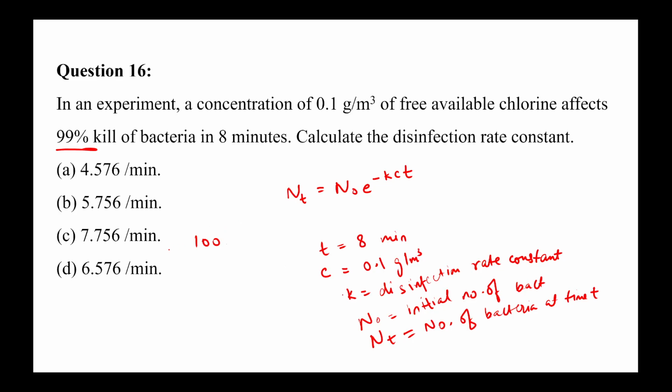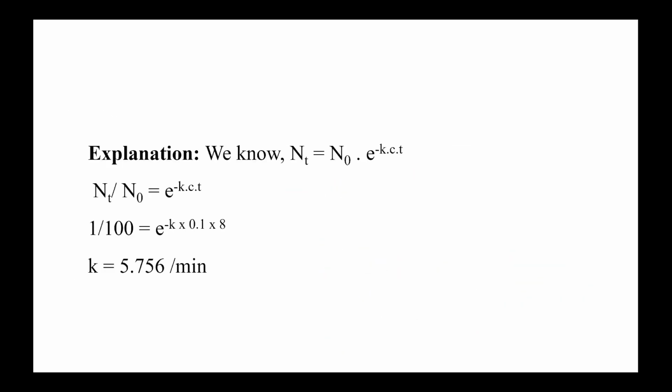So NT would be 1 and N0 would be 100. Is this clear? So now you can replace all these values here. So 1 divided by 100 is equal to e raised to the power of minus kCt, and then you can take the log to solve the question, or you can use your calculators.